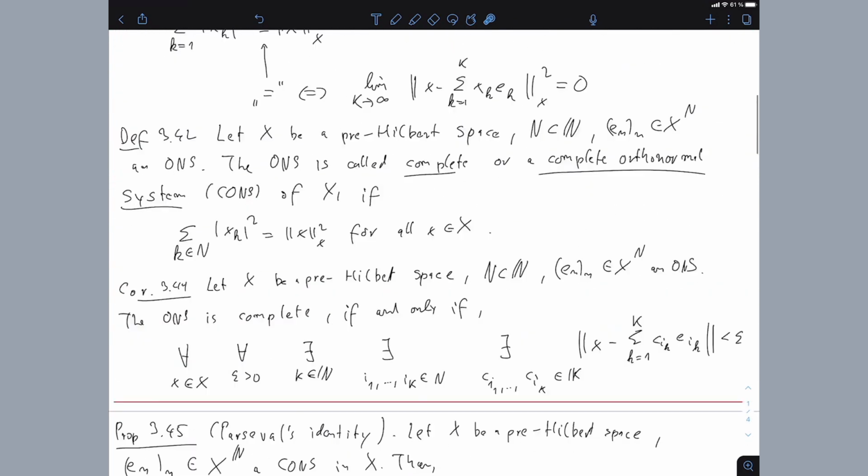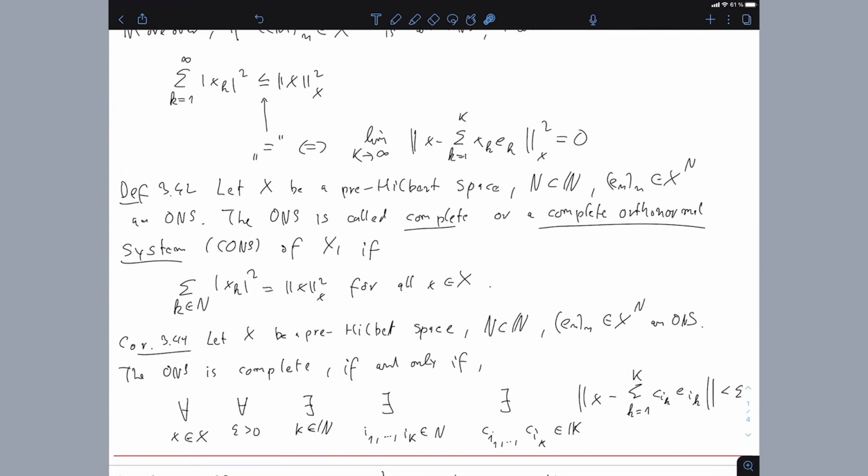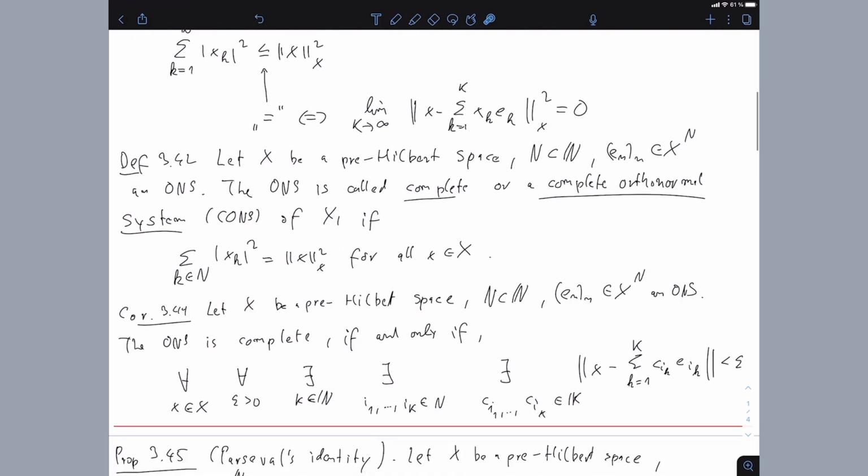Yeah, so for the completeness, just to recall, we need to show this equality of norm to sum of squared coefficients. But this is nothing that you can easily show directly. So it's better to go this way.